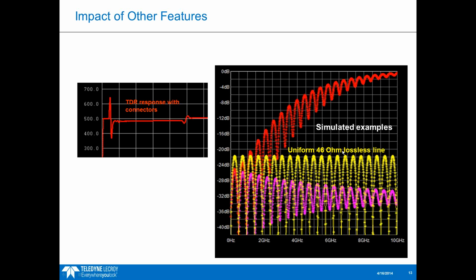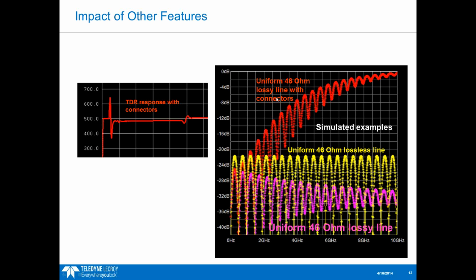In yellow, this is a uniform 46 ohm lossless line. So this is basically the kind of simulation I showed on the last slide. If we add some loss, you see what's in pink here. And you can see that the loss is going to attenuate the effects of all those reflections as we go higher in frequency.